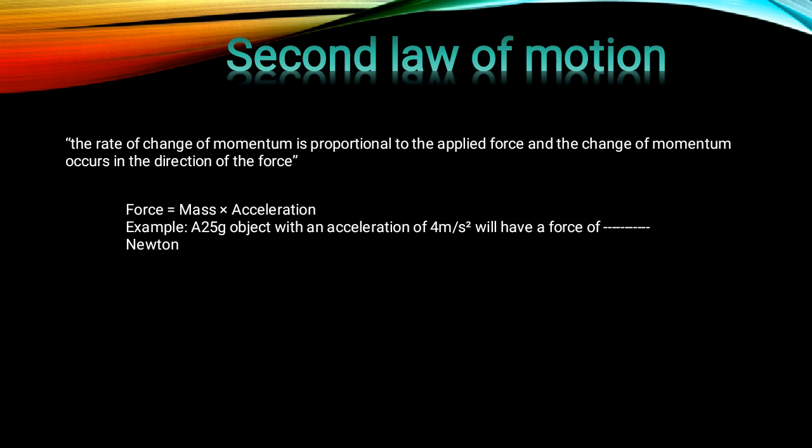Second law of motion. The statement of the second law is: the rate of change of momentum is proportional to the applied force, and the change of momentum occurs in the direction of the force. The second law says that acceleration happens when a force acts on a mass.